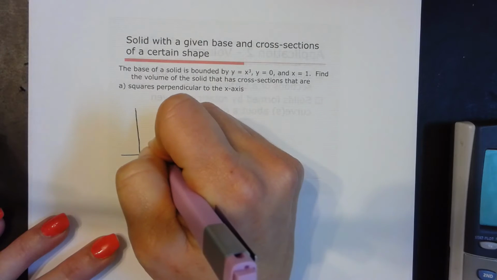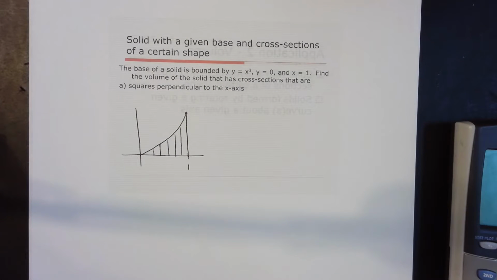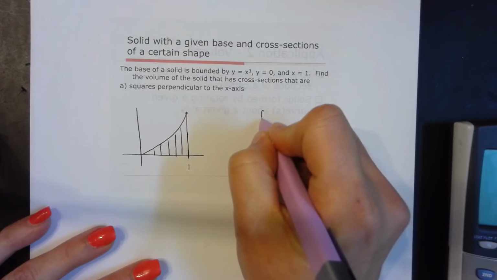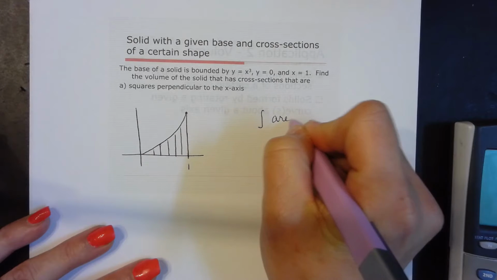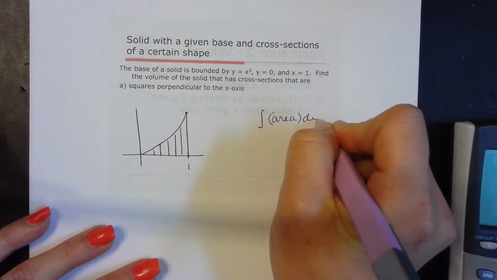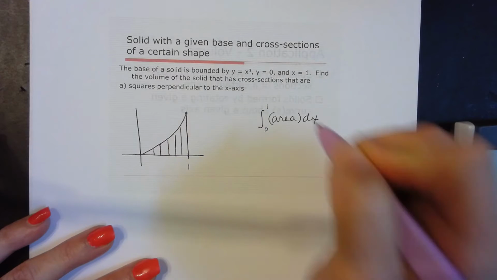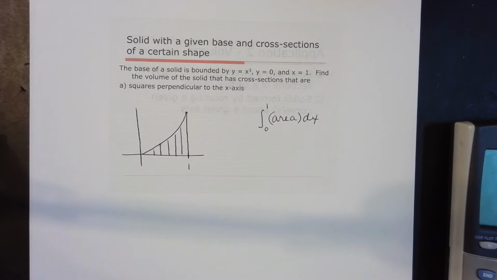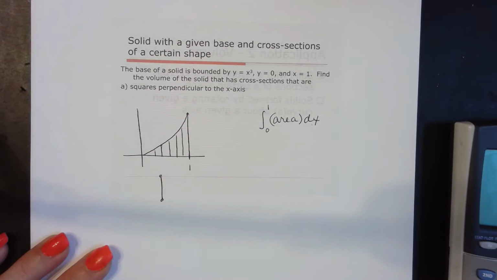If I can find the area of each slice, then my integral will add up all of those slices. It's kind of like taking the area times the slice that I made. Each of these cross sections has a shape that is square.